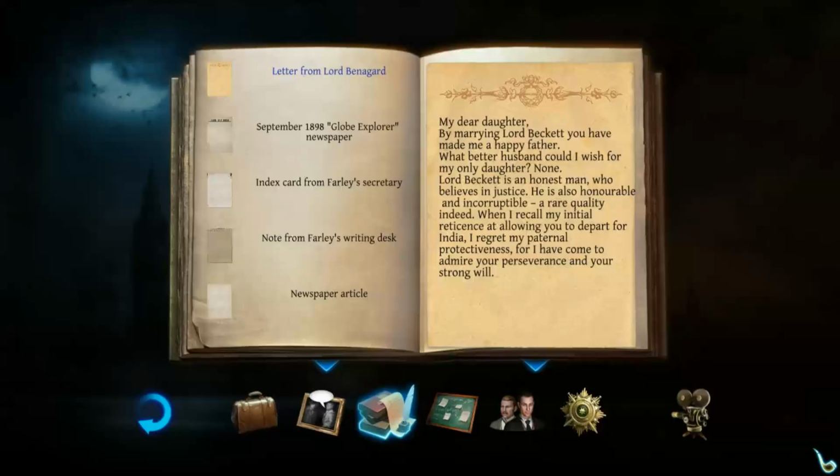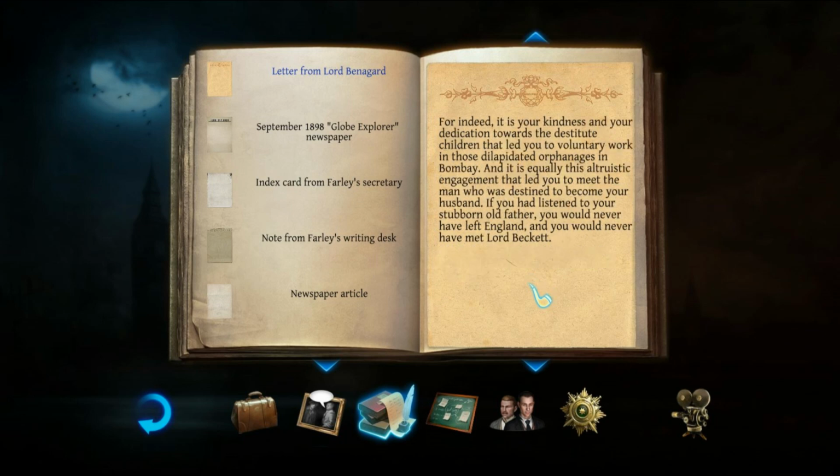Oh, hello. My dear daughter, by marrying Lord Beckett, you have made me a happy father. What better husband could I wish for my only daughter? None. Lord Beckett is an honest man who believes in justice. He is also honourable and incorruptible, a rare quality indeed. When I recall my initial reticence at allowing you to depart for India, I regret my paternal protectiveness, for I have come to admire your perseverance and your strong will.